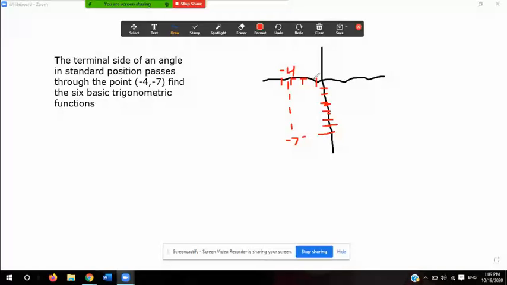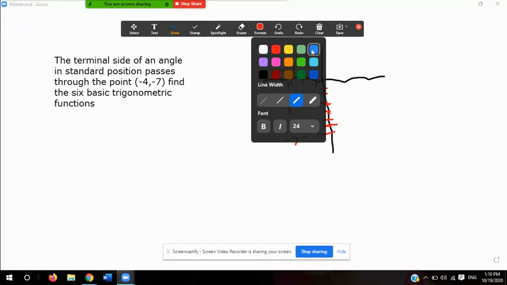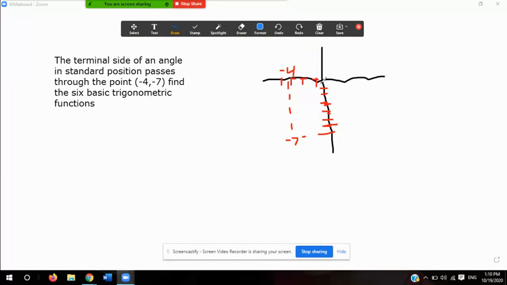This is like that line that's not really there. And since this is in standard form, that means that this is where I'm going to find the distance or the hypotenuse, which means that this is where z is going to be.